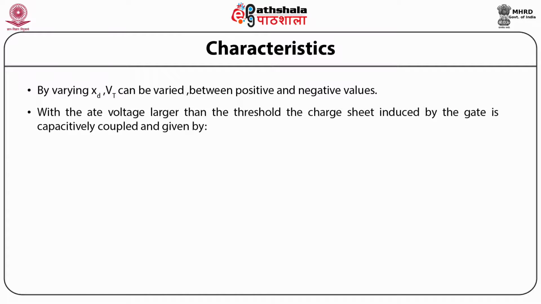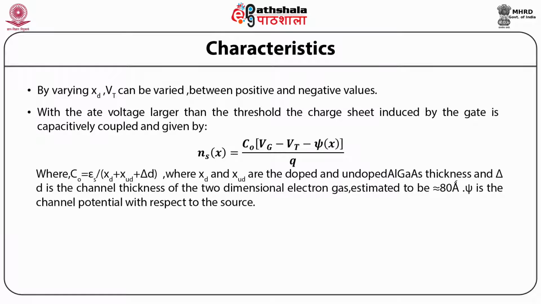So with a gate voltage larger than the threshold, the charge sheet induced by the gate is capacitively coupled and is given by Ns equal to C naught multiplied by Vg minus Vt minus psi, divided by q, where C naught equals epsilon s divided by chi d plus chi ud plus delta d, where chi d and chi ud are the doped and undoped aluminium gallium arsenide thicknesses, and delta d is the channel thickness of the two-dimensional electron gas, estimated to be approximately 80 angstrom.